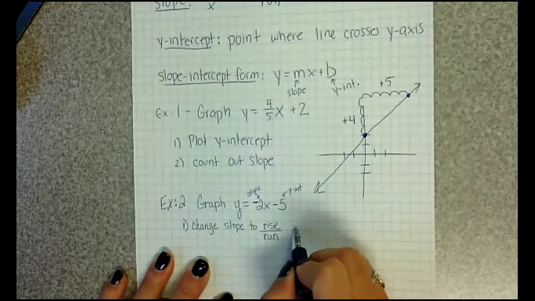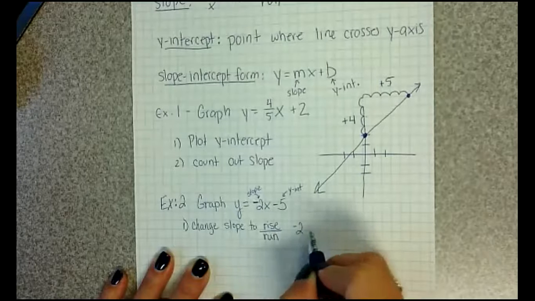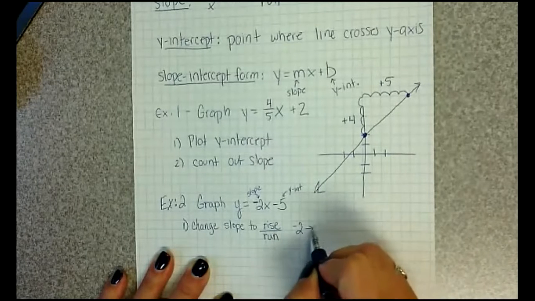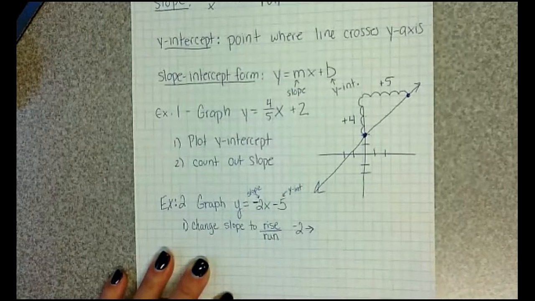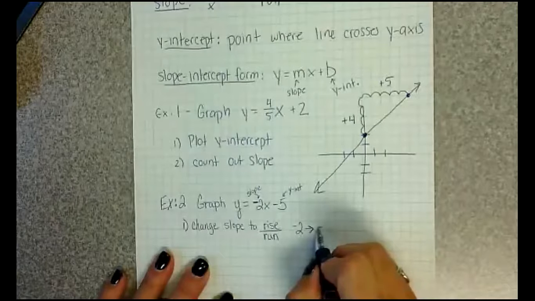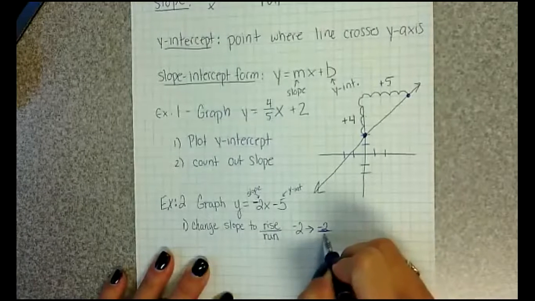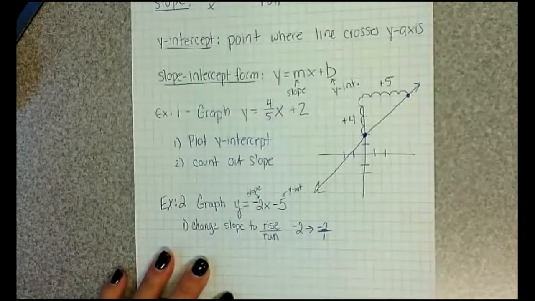So right now, slope is -2. We're gonna change it. I don't wanna change the value, I just wanna get a number on the bottom. So without changing the value of -2, you can always put any number over 1, and it doesn't change the value.